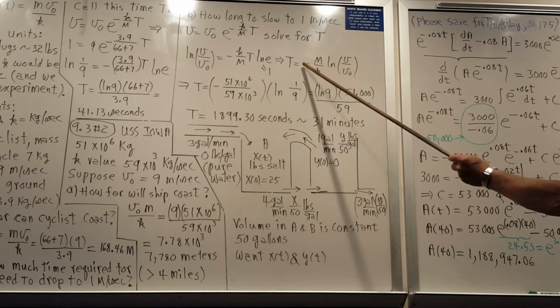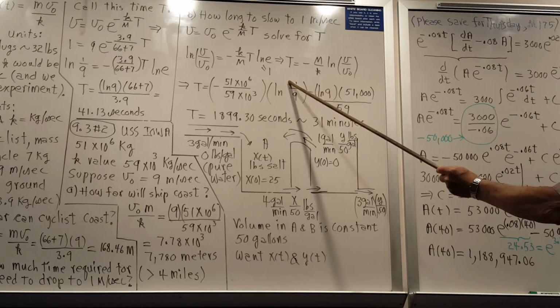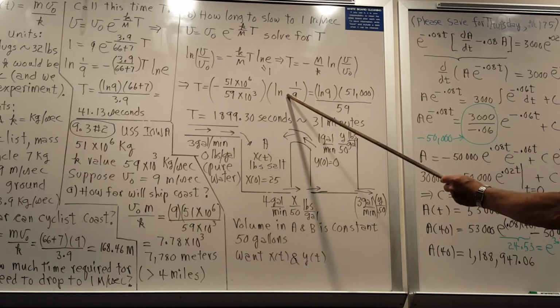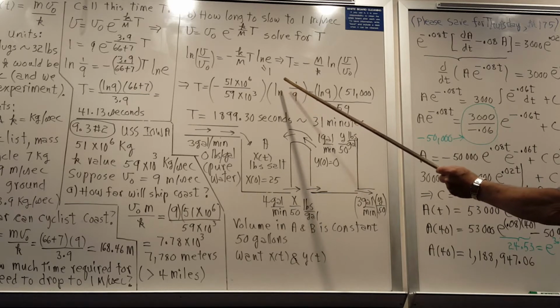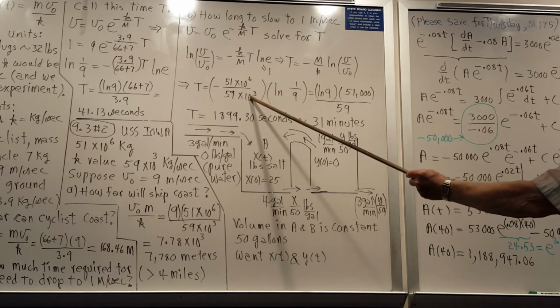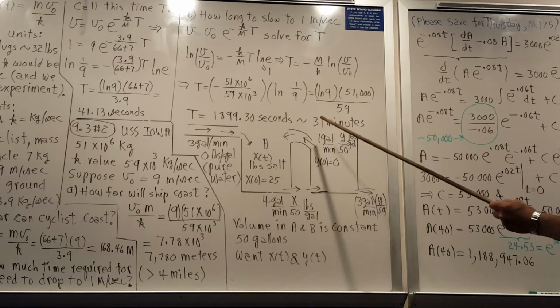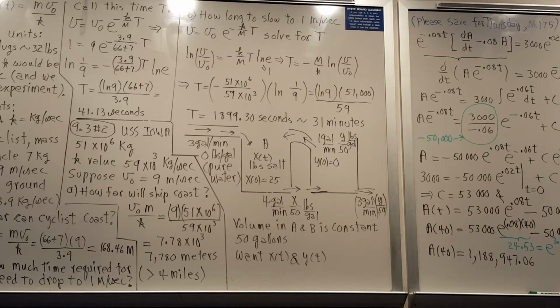So you have a minus here and a minus here. In other words, your log 1/9 is minus log 9. So you have log 9 and the 51,000 when you've done your division over 59. And you see it's talking about half an hour that the thing would drift along there.